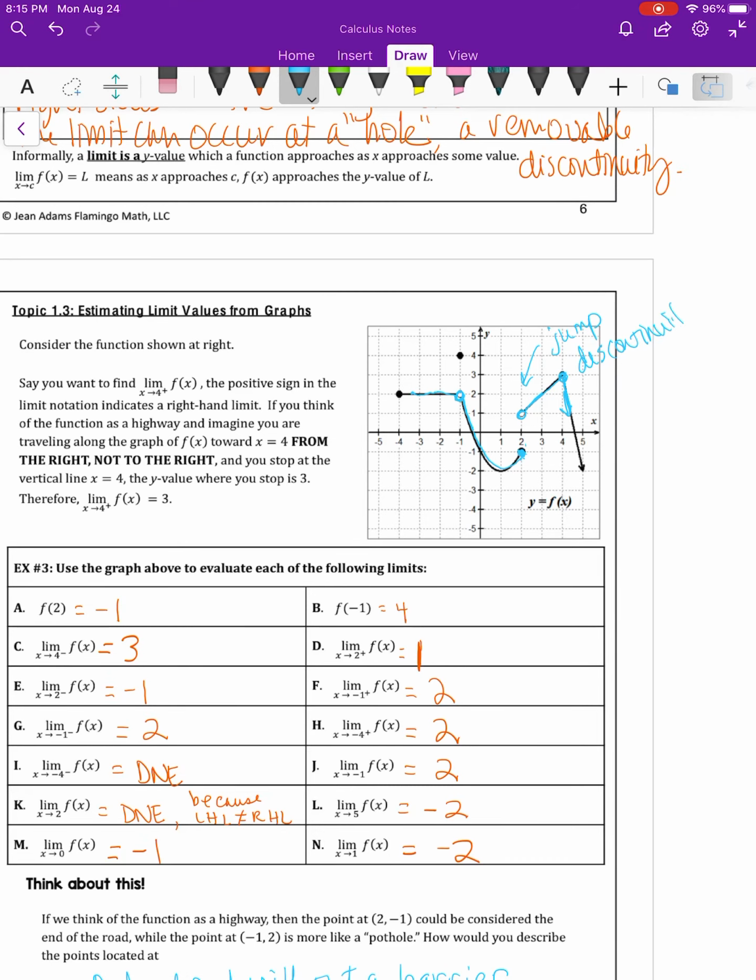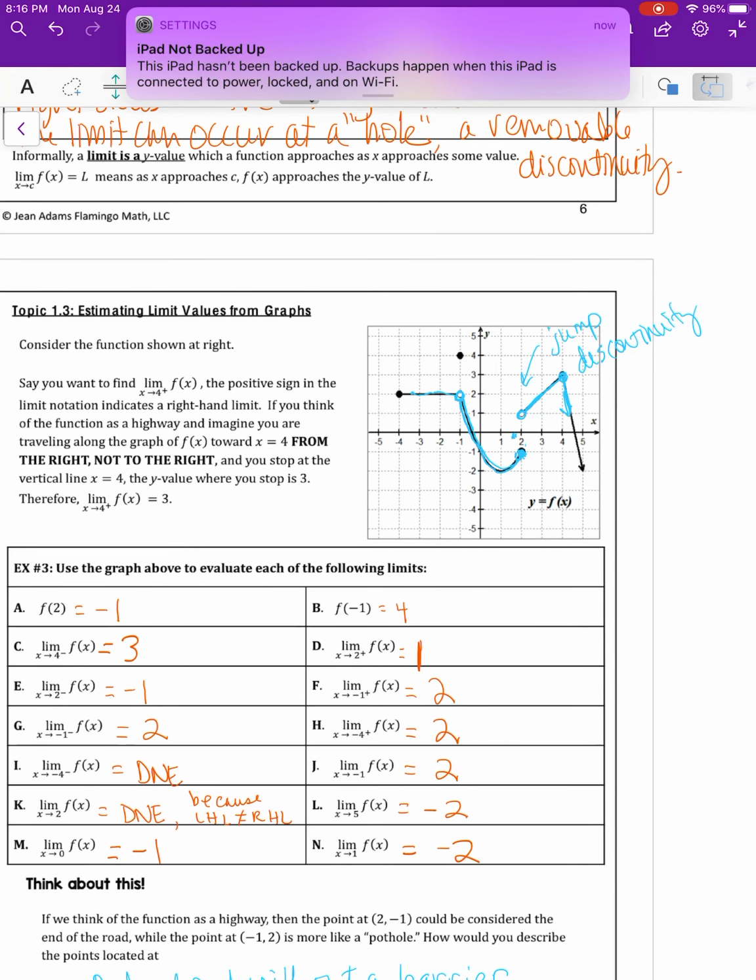If you had your pencil along the function, you would have to pick your pencil up to get back onto the function. So there's a jump discontinuity there. And so your limit is not going to exist at that value, because coming in from the left, it's going to be one thing, and coming in from the right, it's going to be something else. Okay?